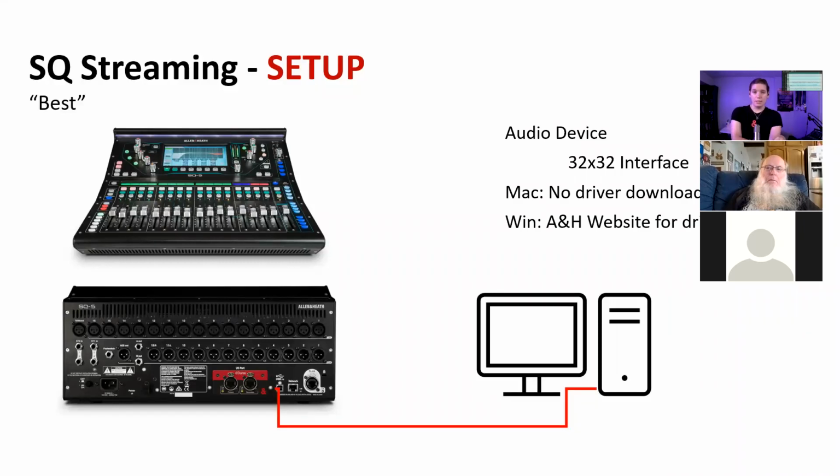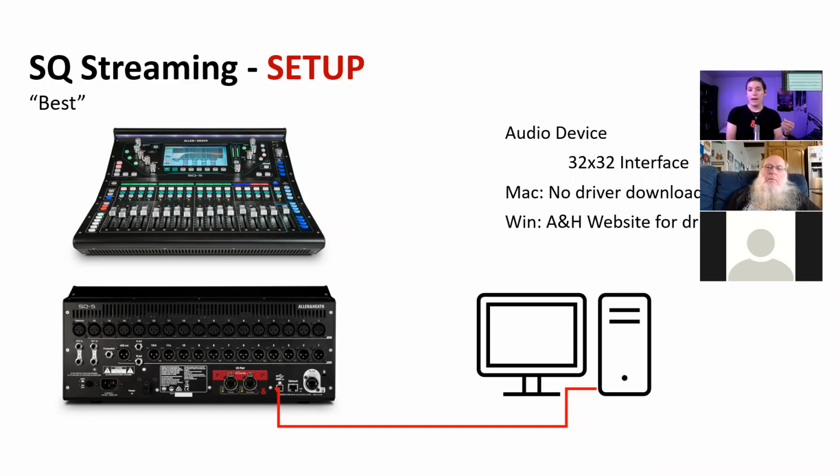When we go through the USB-B on the back and plug it into a computer, it is seen by the computer as an audio device, just like a recording interface or a webcam would be. This is an audio specific one.